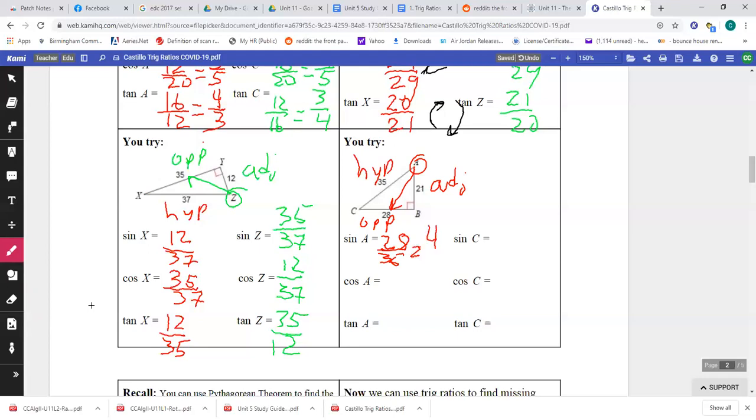This should be 4/5. Always try to simplify. Cosine of A is adjacent over hypotenuse. That's 21 over 35. I divide by 7. That's 3/5. Tangent of A is 28 over 21. Divide by 7, and that's 4 over 3.